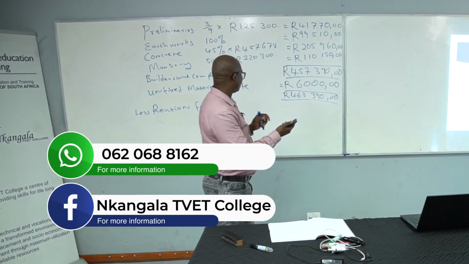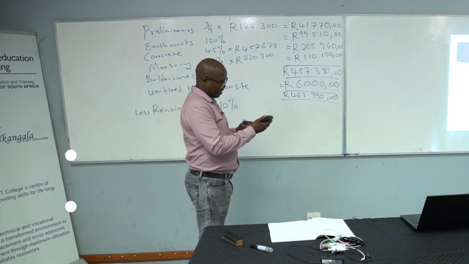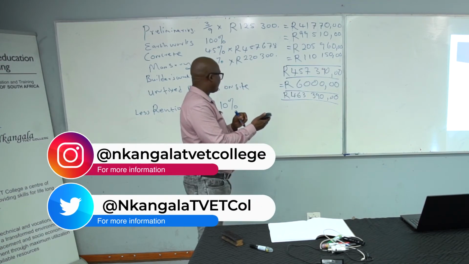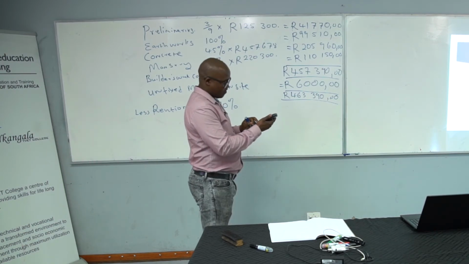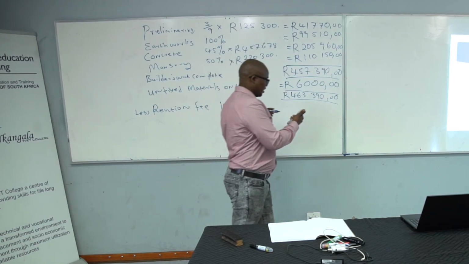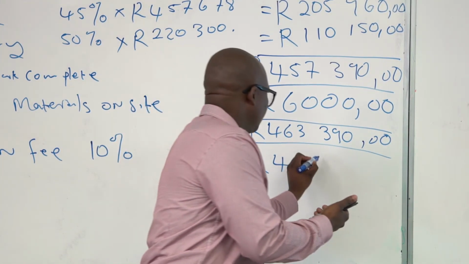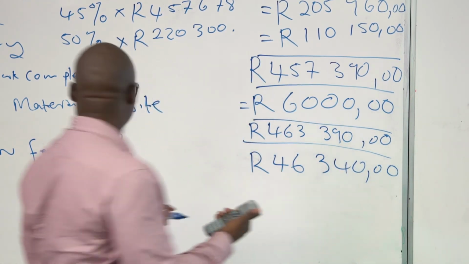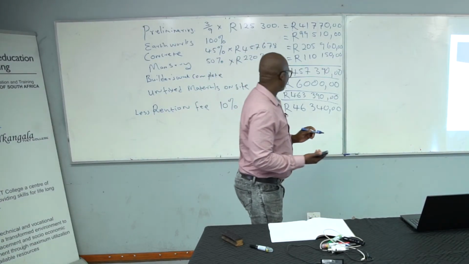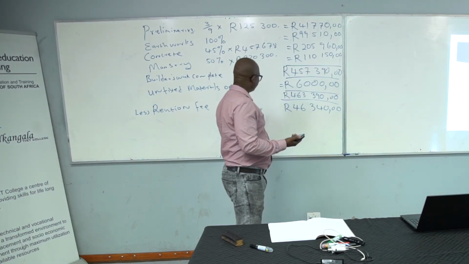When we work out 10%, it is 10 divided by 100 multiplied by 463,390. It gives us 46,340 rand.